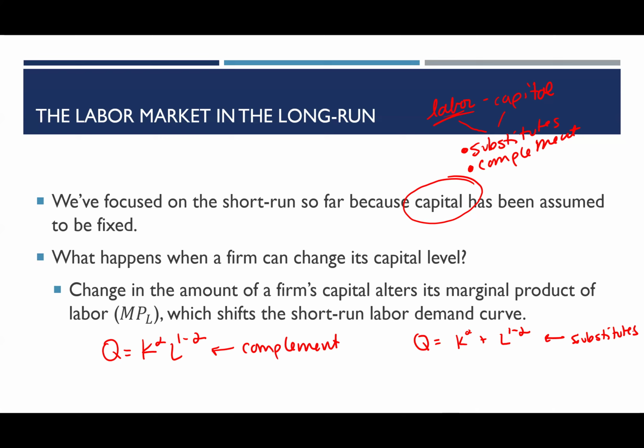The way that we know is by looking at the marginal productivities of these inputs. So for labor, we're going to see that as the amount of capital goes up, when we have a Cobb-Douglas production function, labor becomes more productive.